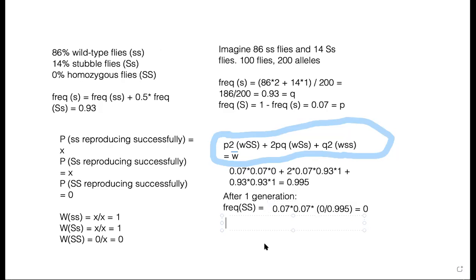No real surprises there. The frequency of the heterozygotes, on the other hand, the frequency of the stubble flies, is going to be 2 times 0.07 times 0.93 times W big S little s, which is 1, divided by 0.995.